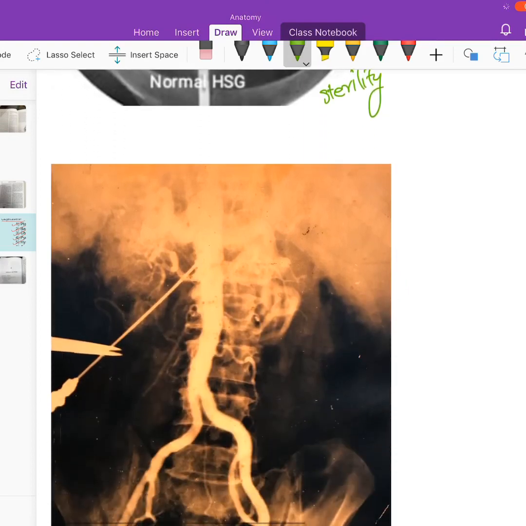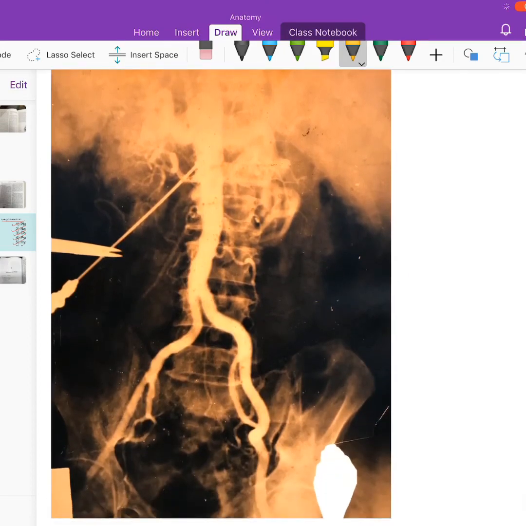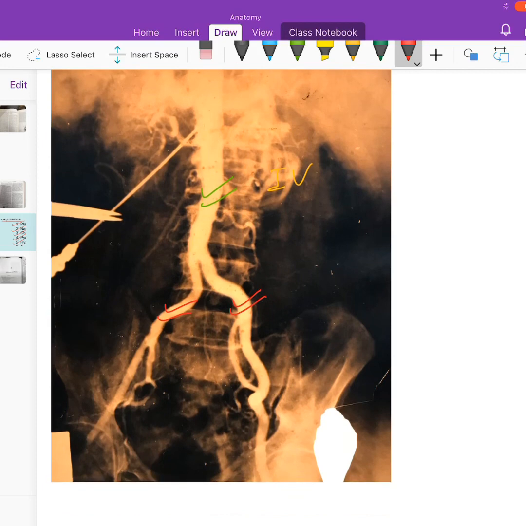This is an aortograph and selective angiograph. In this we will introduce dye intravenously. Here you can see the abdominal aorta, and this is the right common iliac and this is the left common iliac artery, and this is the right external iliac artery and this is the right internal iliac artery.